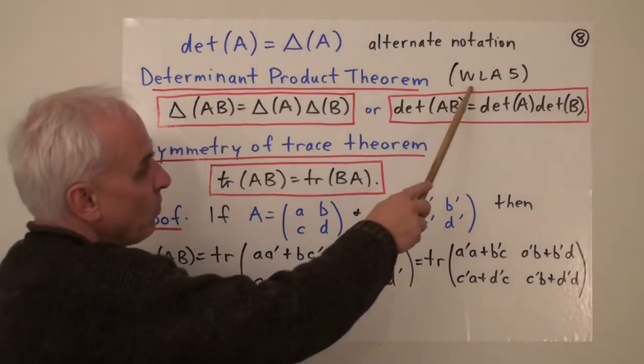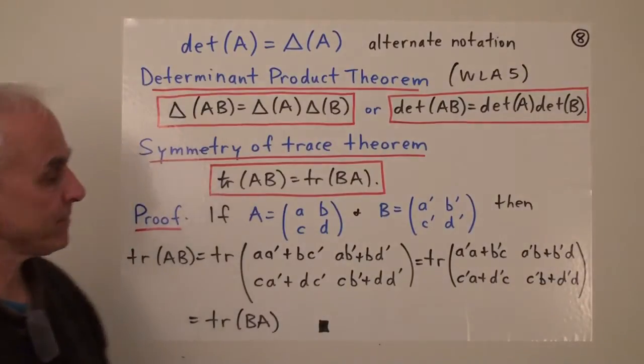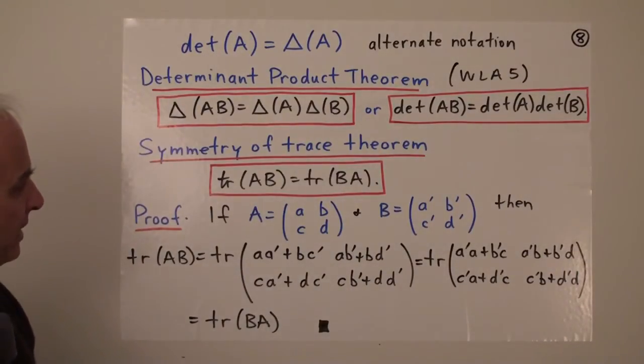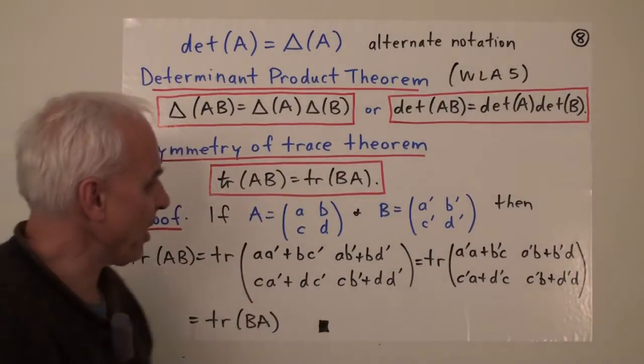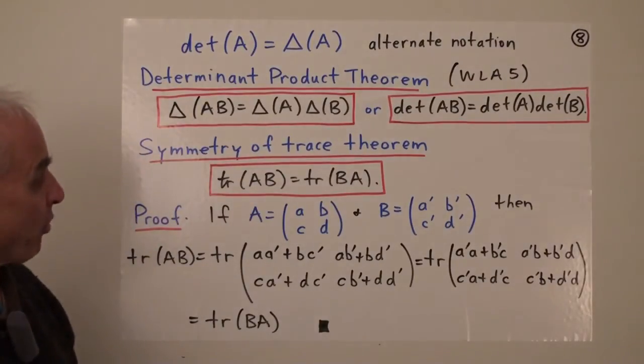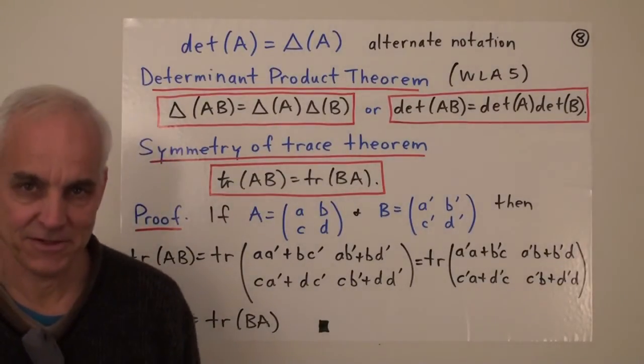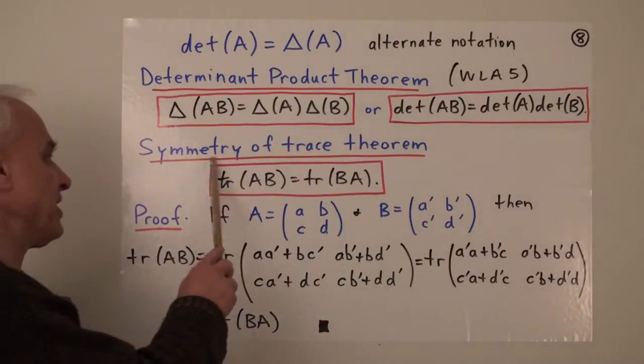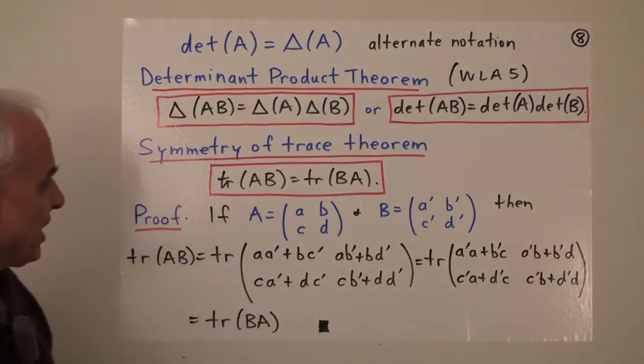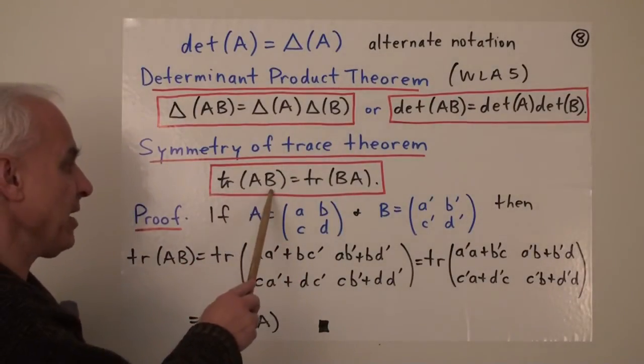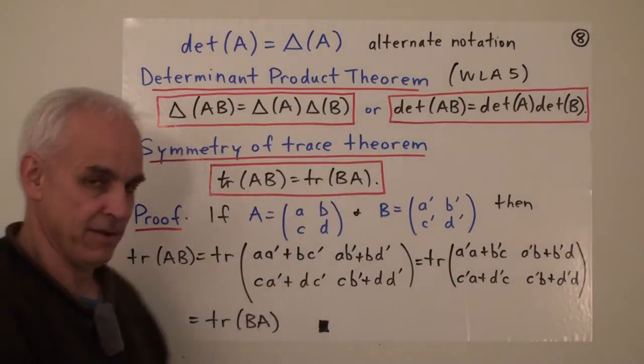We talked about that in Wildberger Algebra 5. Let's have a look at a corresponding important property of the trace. All right. So this is what we might call the symmetry of trace theorem, which says that the trace of AB equals the trace of BA.